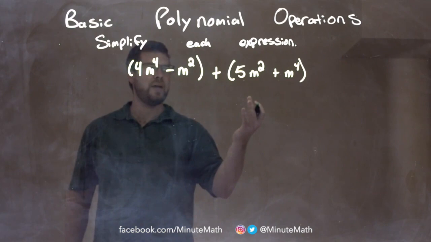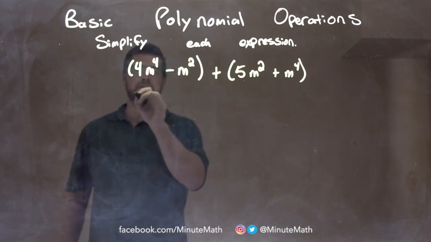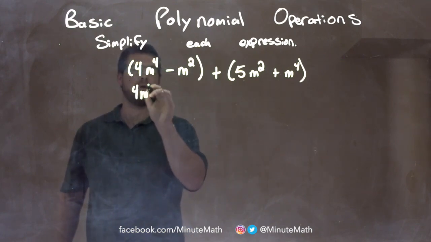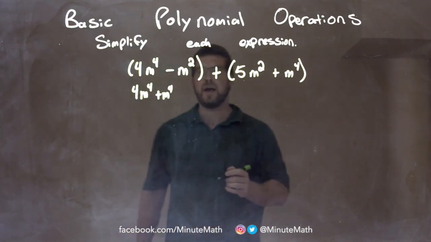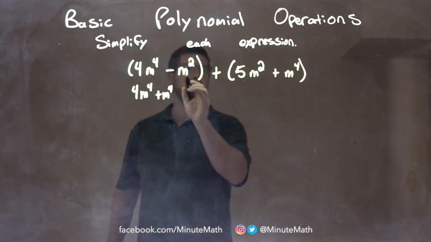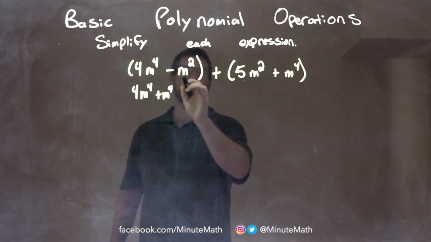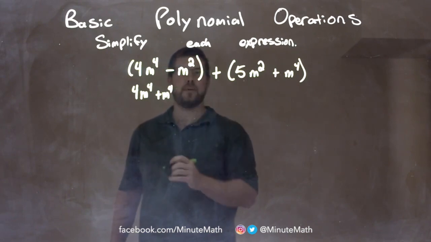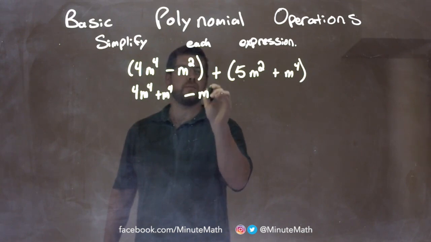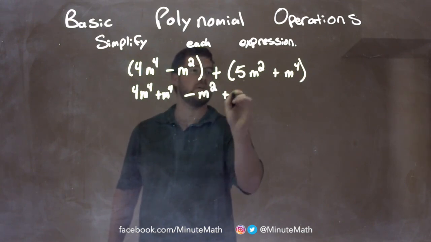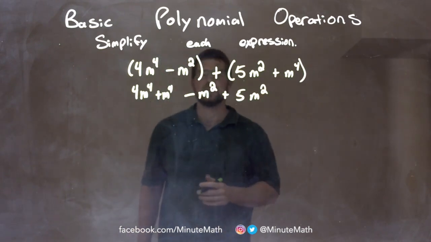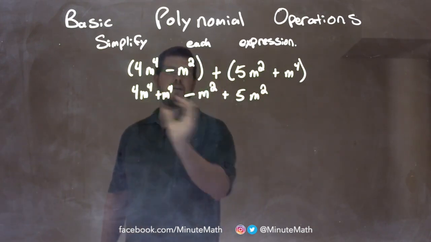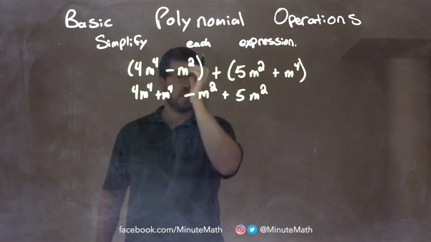So with that, we can almost rearrange this. If you want to see it like this: 4m to the 4th plus m to the 4th. Then our next degrees are the negative m squared and a plus 5m squared. So we have all of our like terms next to each other, all the degrees there.